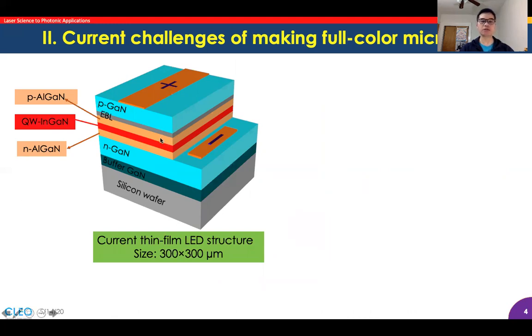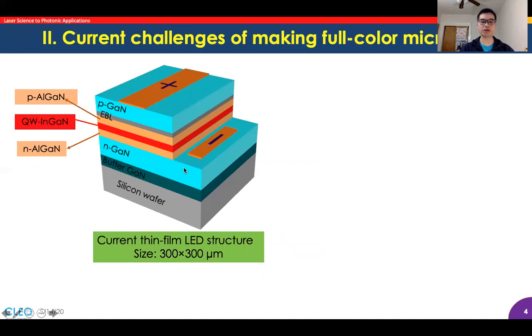This consists of an active region in the middle, with an N-GaN layer at the bottom and a P-GaN layer on the top. When we look closely at the active region, the InGaN layer is located somewhere in between two barrier GaN layers.